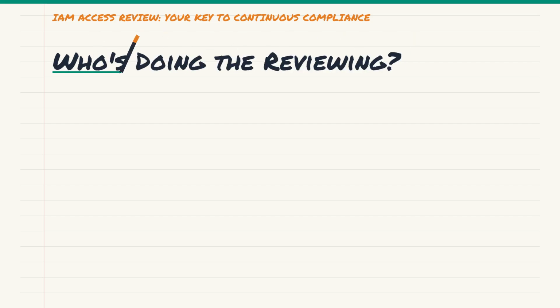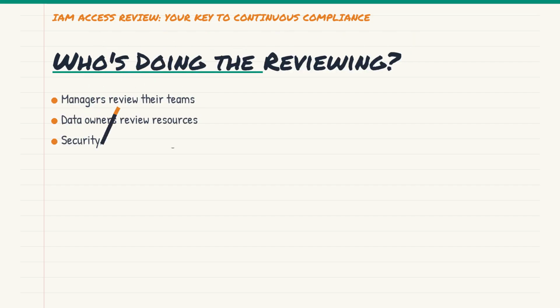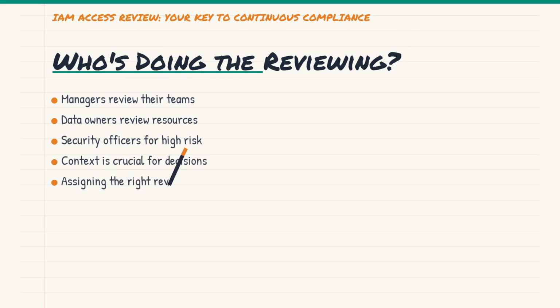Now, who actually performs these reviews? We can't just ask anyone. The best people are those who understand the why behind an access right. Typically, this means user managers. They know their team's roles and responsibilities. Sometimes, it's the application or data owners who are best positioned to say if someone should access their specific resource.